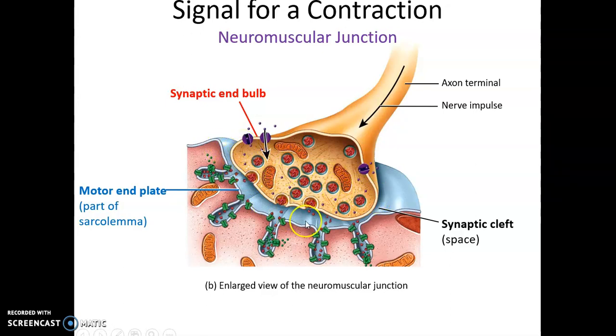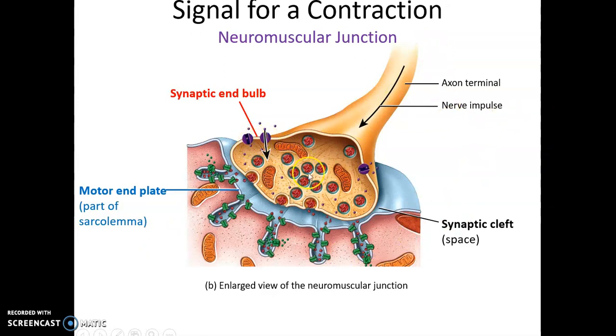And then there's a space, and then we reach the muscle fiber, specifically a part of the sarcolemma called the motor end plate. So the motor end plate is the part of the sarcolemma that is a part of the neuromuscular junction.